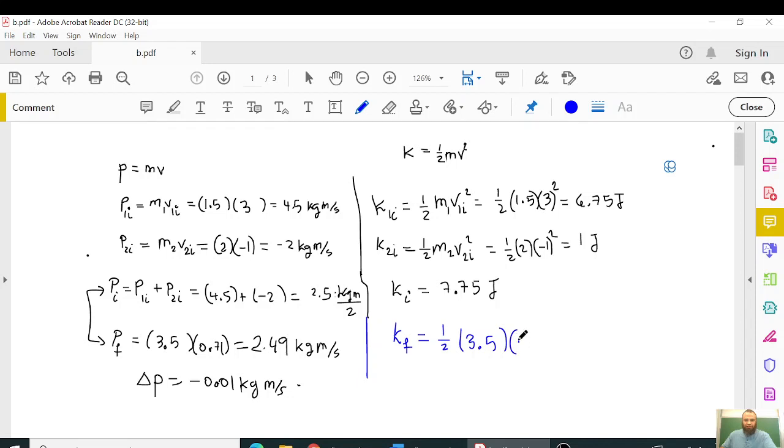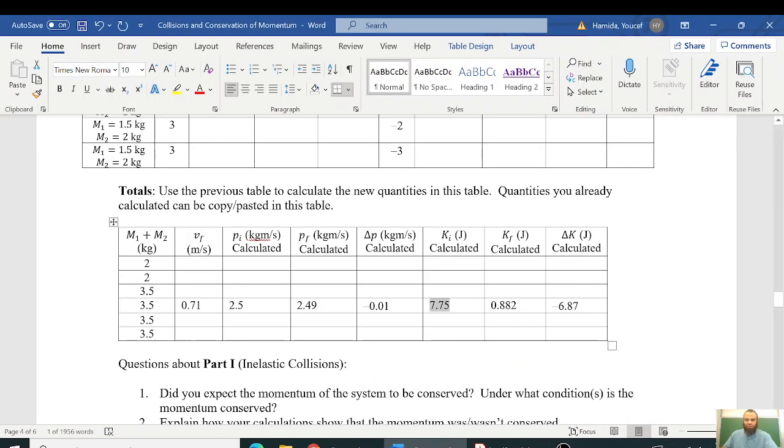Their speed after the collision is 0.71, and when you square that, let's do it. 0.71 to the power 2 times 3.5 times 1/2, you get approximately 0.882, 0.882 joules. So notice the final energy is nowhere near the initial.